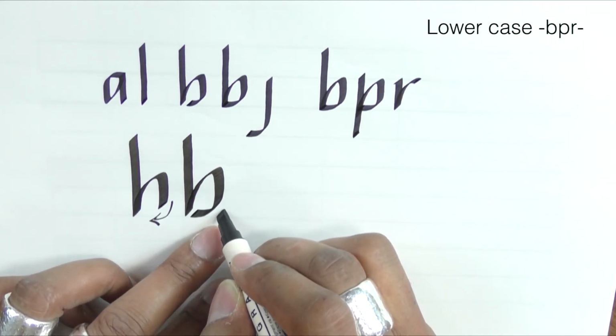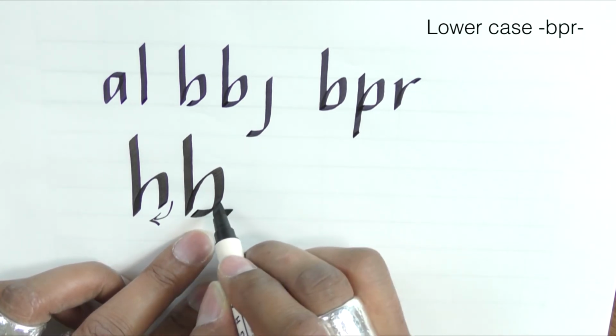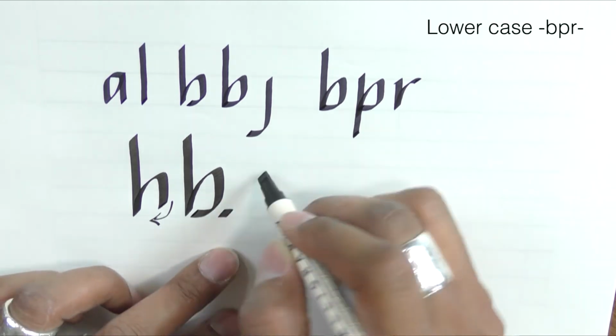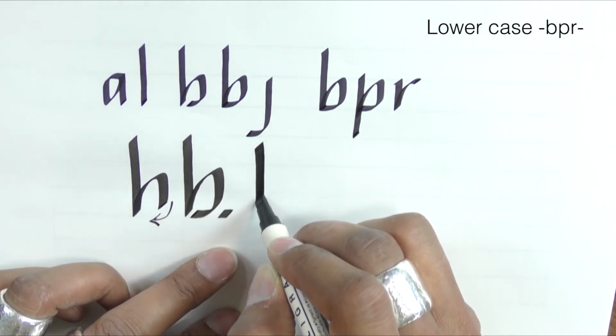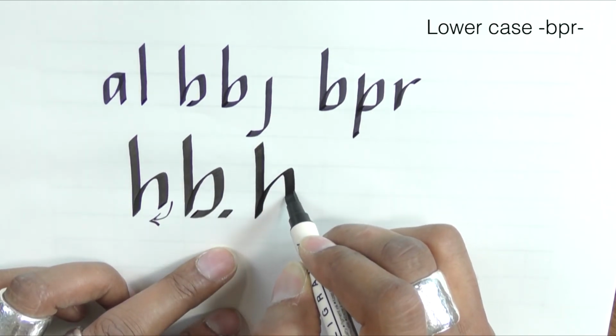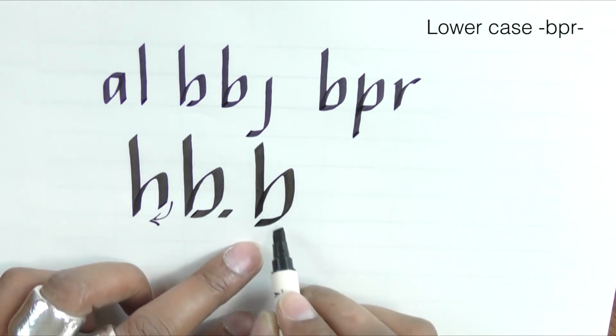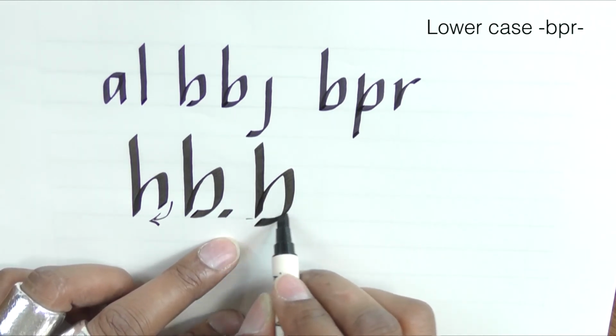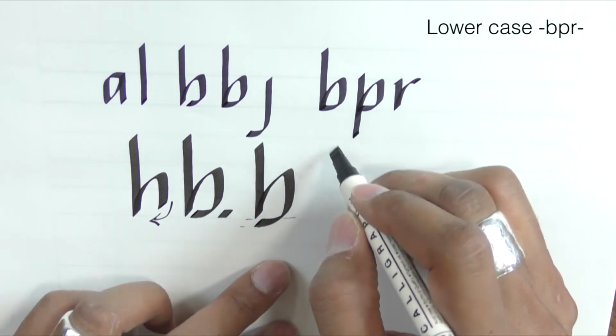And that is the height of the nib. So if you come too far down, you're going to end up underneath the line. So just be a little bit careful with that. So let's do that again.